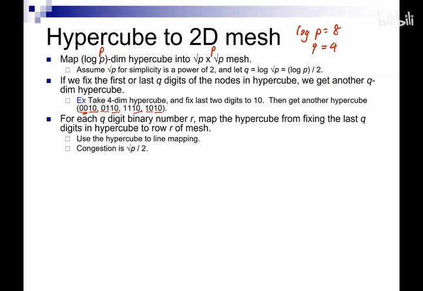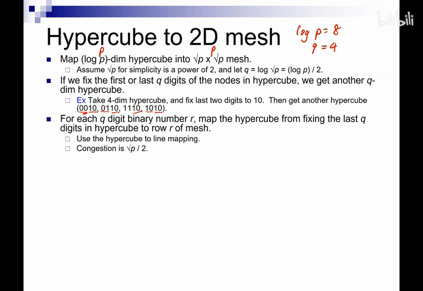Now the way we're going to use this is, for each q-digit binary number r, we map the subhypercube that you get from fixing the last q digits to the value r onto row r of the mesh. So we're taking a subhypercube and mapping it onto a row, and a row of the mesh is just a line. Therefore, we do the mapping using our previous hypercube to line mapping.